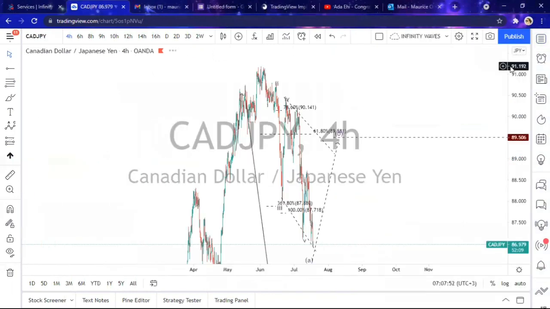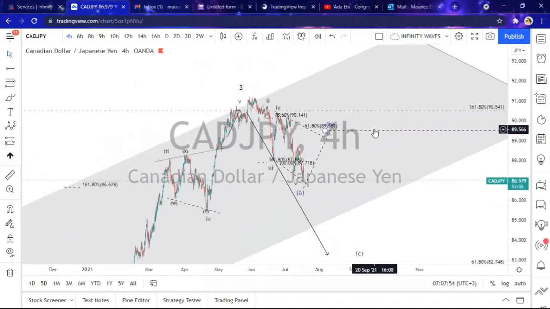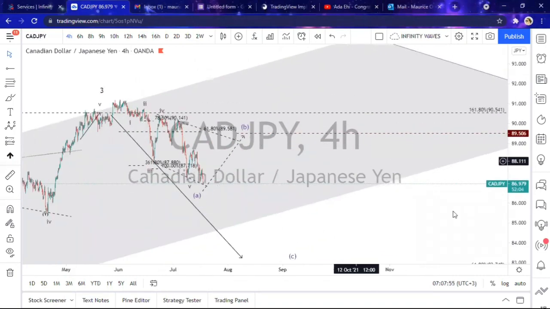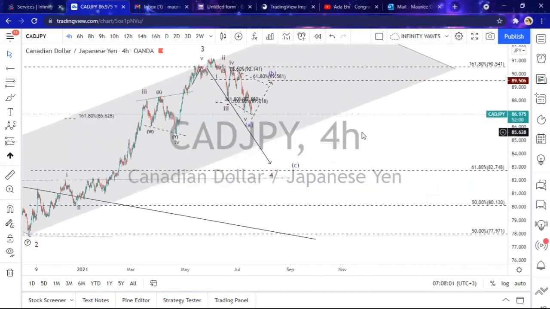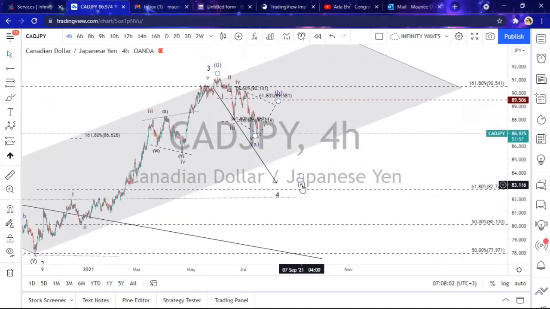Canadian dollar, Japanese yen, this is our move. We are now in a corrective structure heading to wave C, wave 4. Wave 4 and wave C, a corrective structure for wave 4. So we are likely to be in an ABC corrective structure.